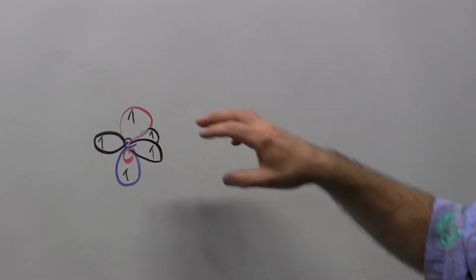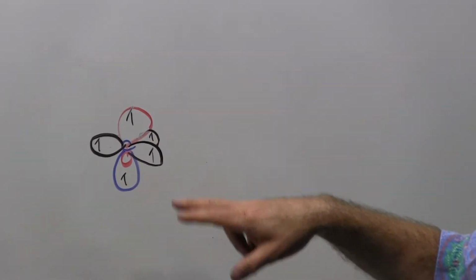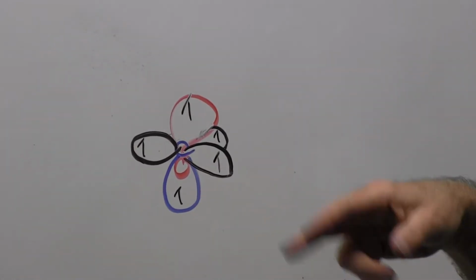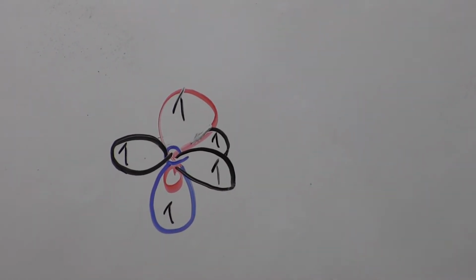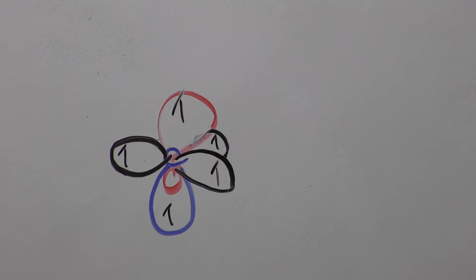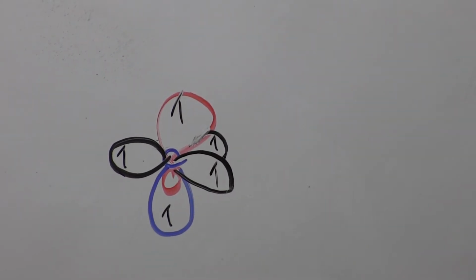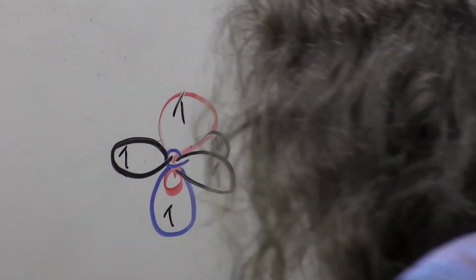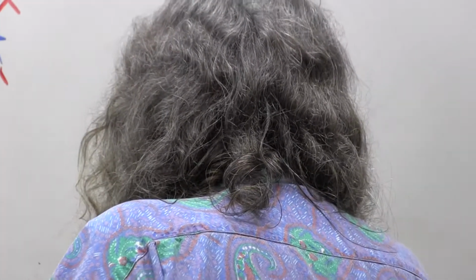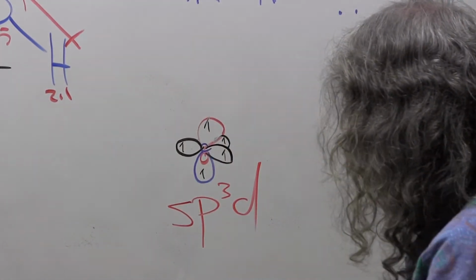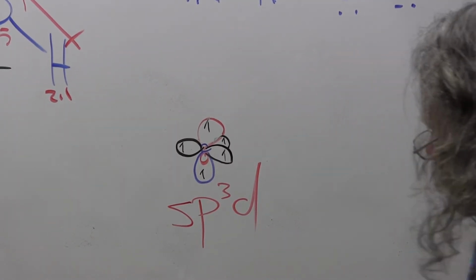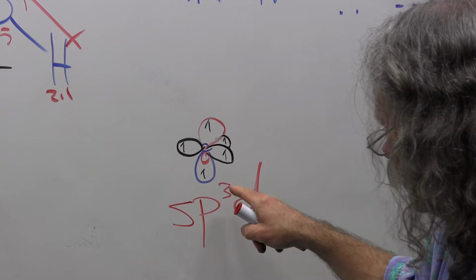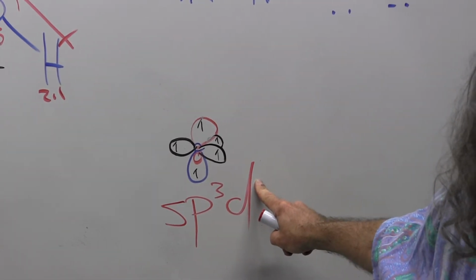So this is a trigonal bipyramidal arrangement. This can only be created by taking an s orbital wave function, mixing in all three of the p orbital wave functions and one of the d orbital wave functions. So this is going to be sp3d, and I have 1, 2, 3, 4, 5 resulting hybrid orbitals, where I have 1, 2, 3, 4, 5 pure atomic orbitals.